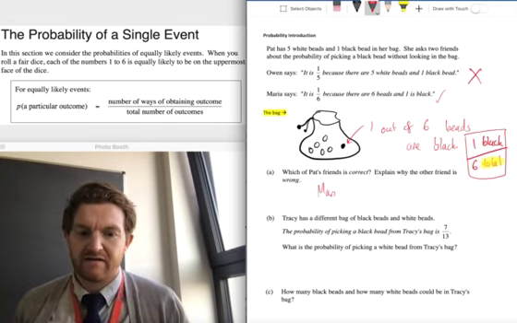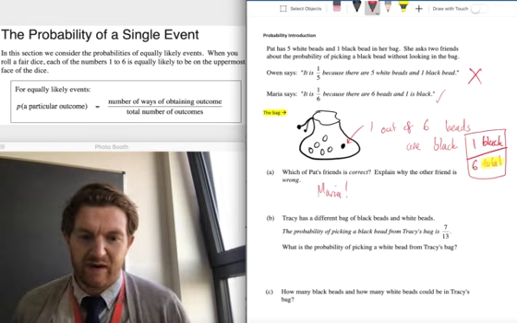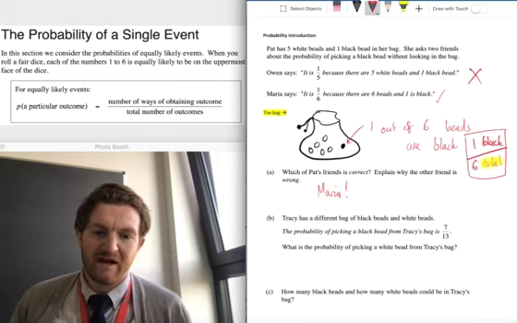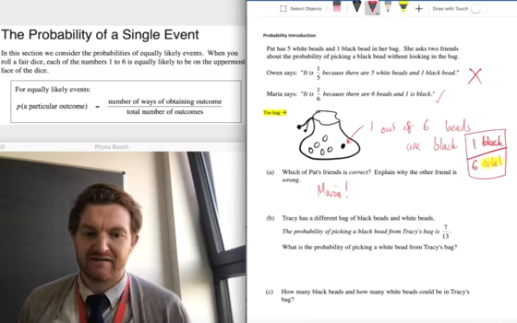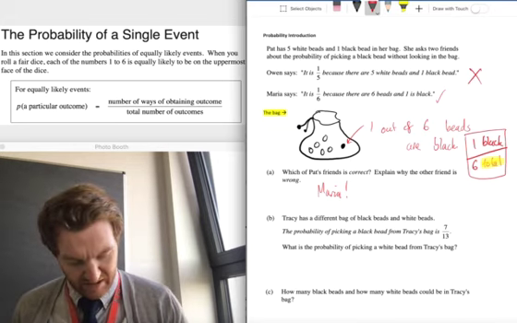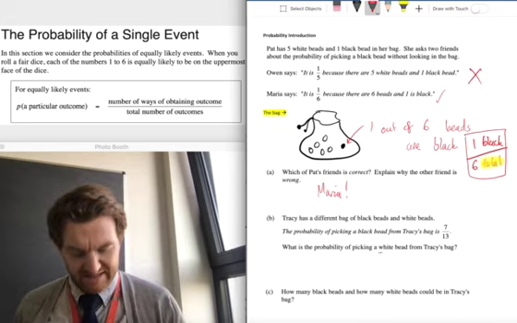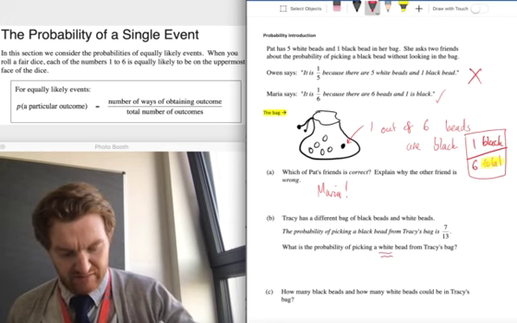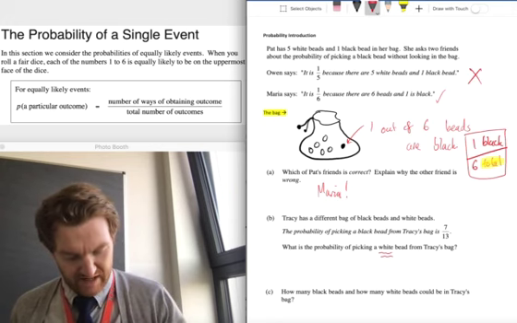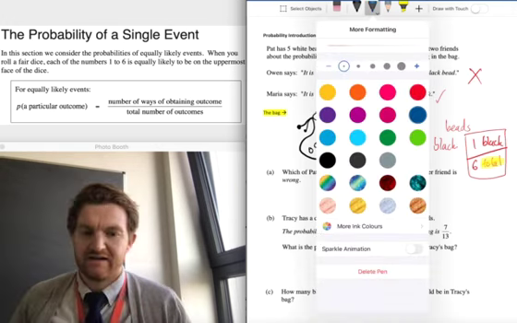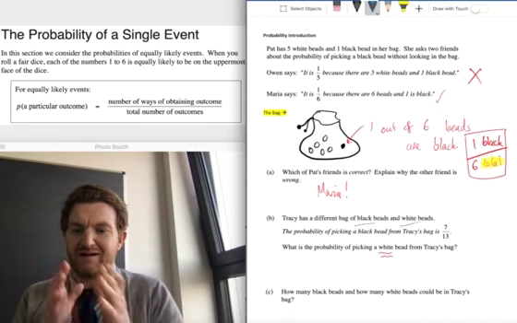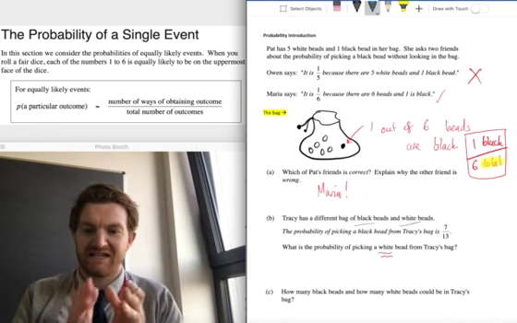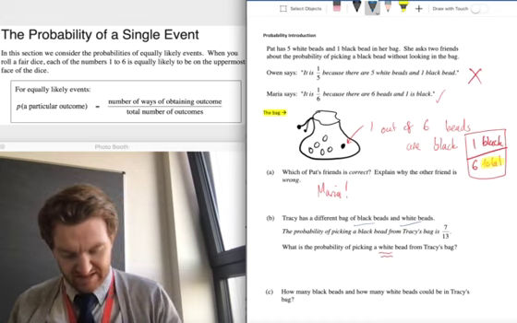It says Tracy has a different bag of black and white beads. The probability of picking a black bead from Tracy's bag is 7 out of 13. What is the probability of picking a white bead? It says in the bag there are only white and black beads. So all of the beads that are not black must be white.